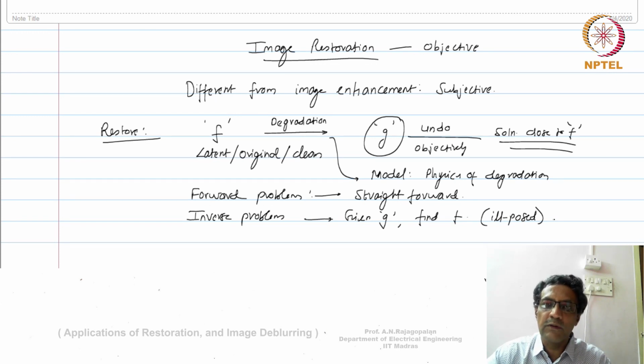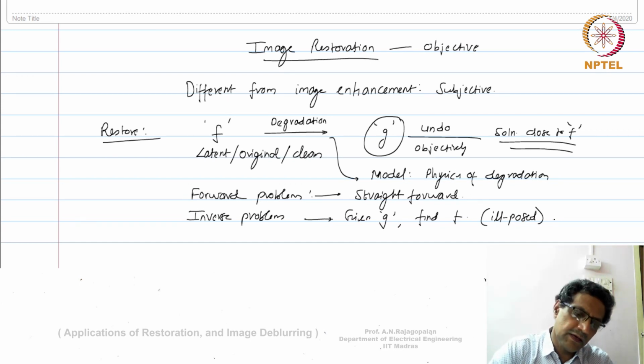And therefore you have a commonality across these problems, and whatever solutions we have will also be generic in nature. But of course, we will focus on some of those image processing problems that are interesting to solve within this restoration framework.